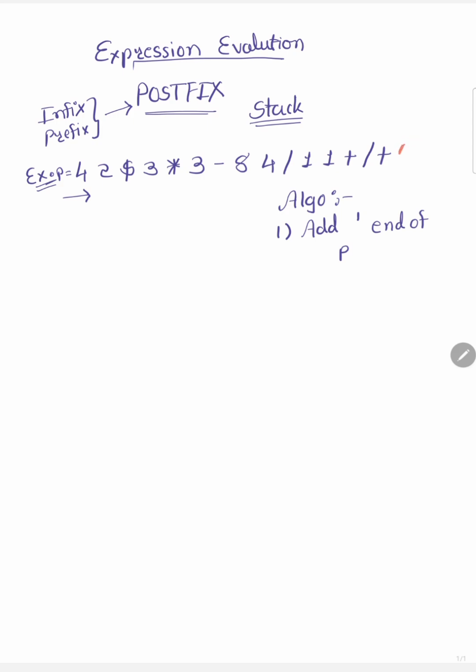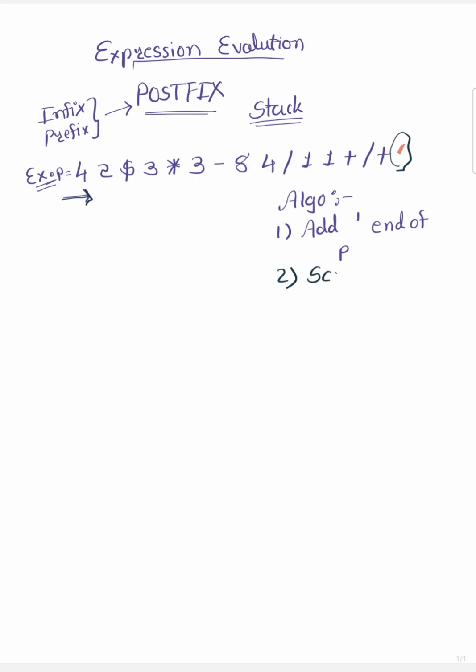Why am I adding it? So that I'll know that that's the end of my expression. Now the next step is to scan the characters from left to right, one by one, until I reach this character, which denotes the end.